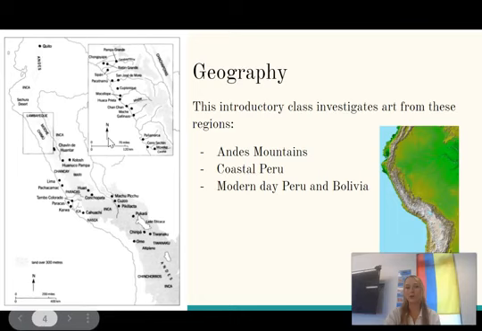So this very diverse environment is going to give rise to a range of architectural and artistic practices, mainly having to do with the availability of different materials and the goals and some of the different challenges that those environments provide.